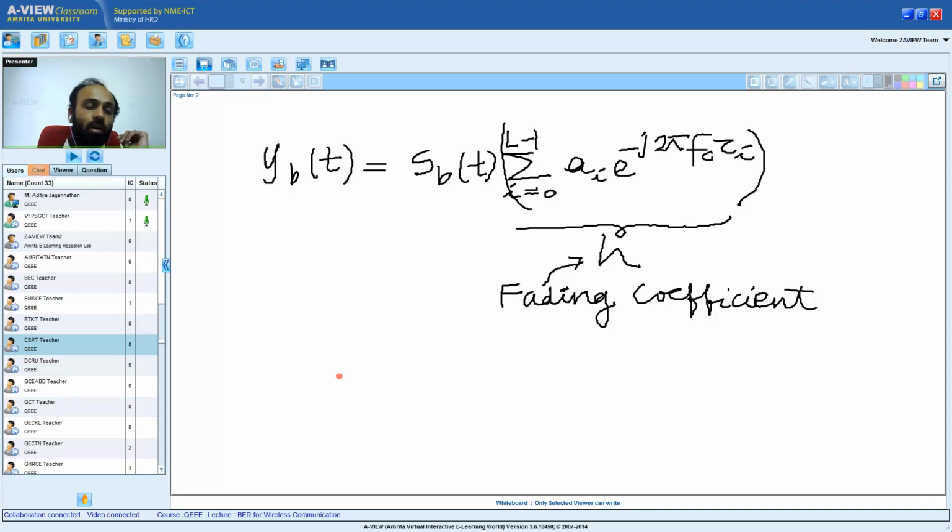If f_c tau_1 equals 1, then the received signal amplitude is 2. So depending on these phases and amplitudes, which are random in nature, they can add up constructively or destructively, and the received signal strength varies as a function of these attenuations and phases. Therefore this is known as the channel fading coefficient.